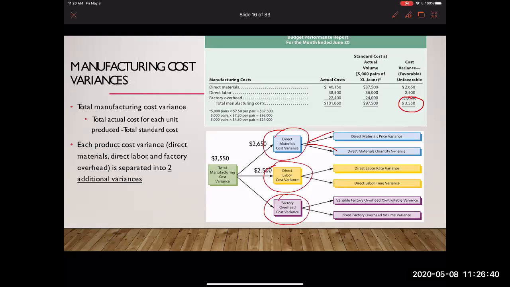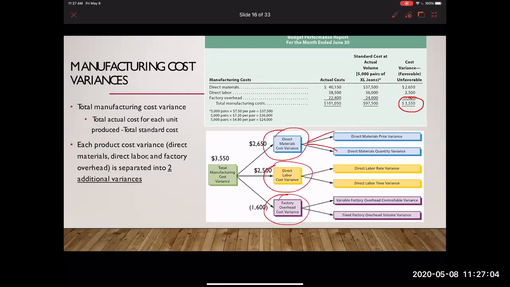In doing so, I can quickly tell my manager that what's causing this variance is we have a $2.6 million unfavorable variance in direct materials, a $2.5 million unfavorable variance in direct labor, and then we have a $1.6 million favorable variance in our factory overhead.